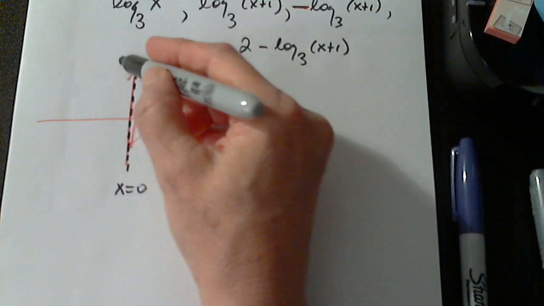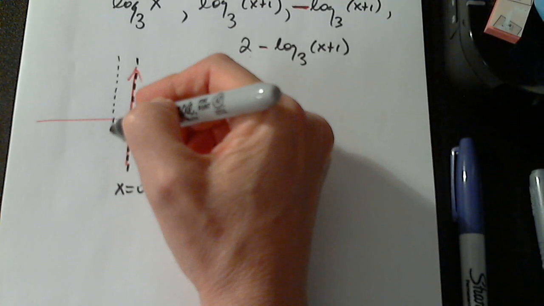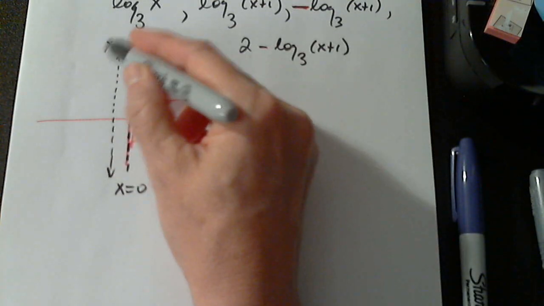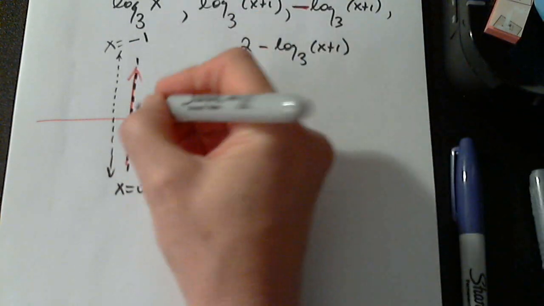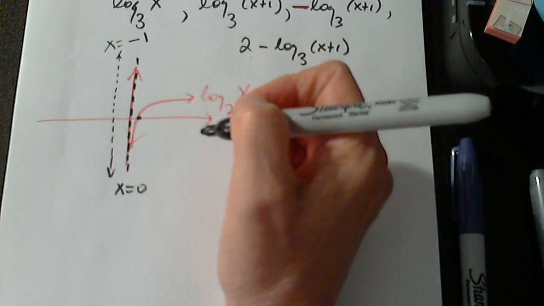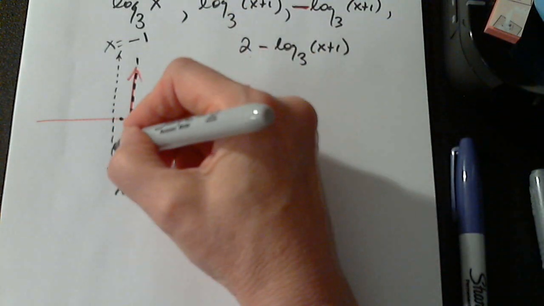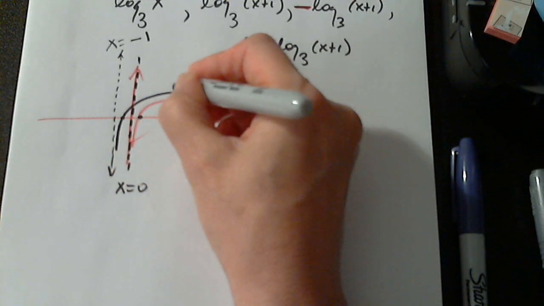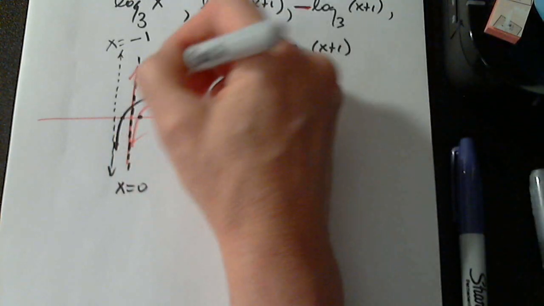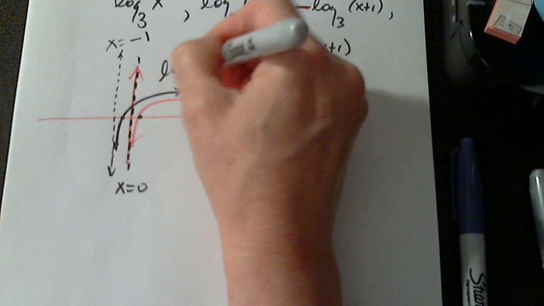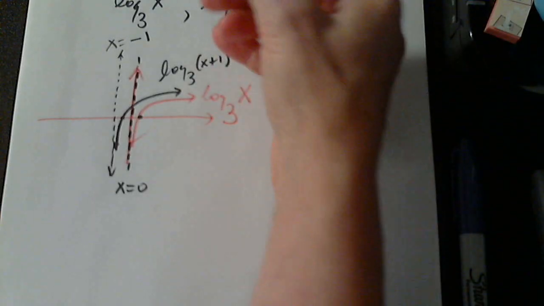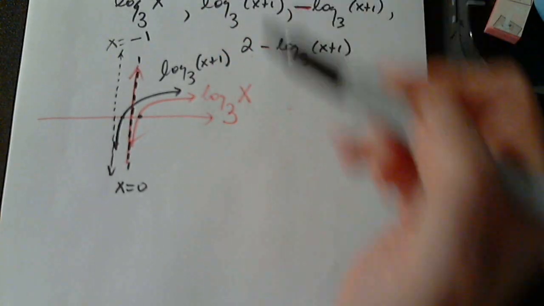Actually, it shifts first. So this is x equals -1. This point moves here. So this is the new graph. What graph? Log base 3 of x plus 1. So this is done.